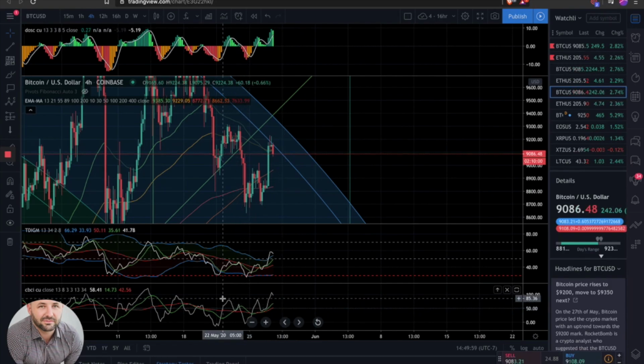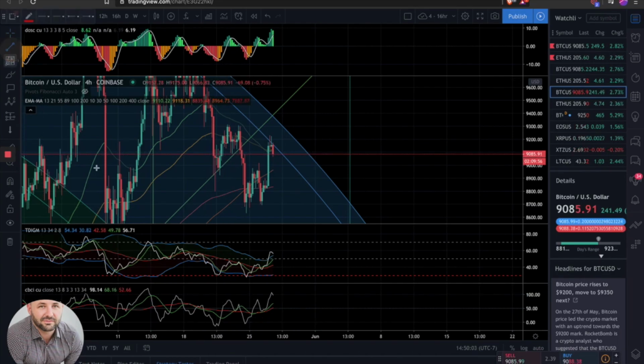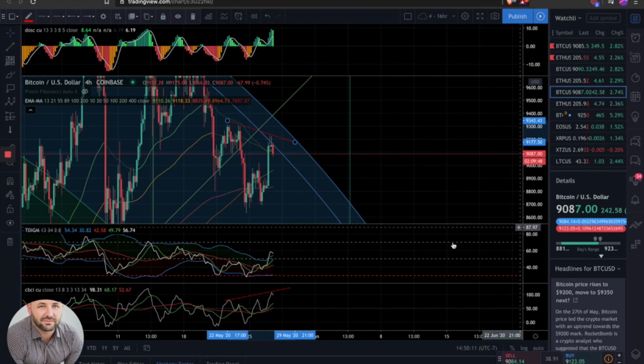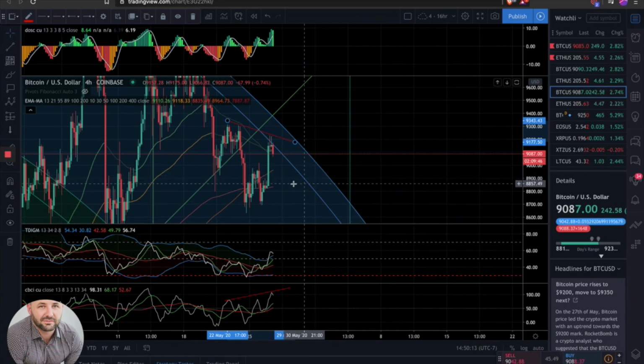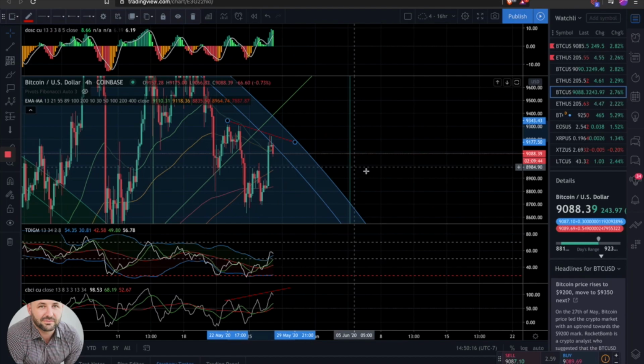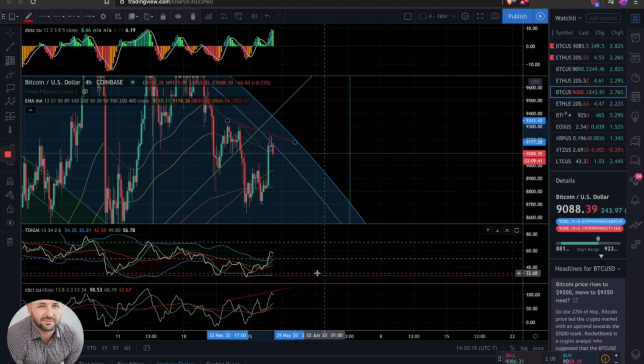we do have some bearish divergence actually on the composite index, which is pretty interesting because we didn't have that on ETH. So that's a little ugly in regards to if we're looking for a little bit further continuation to the upside.